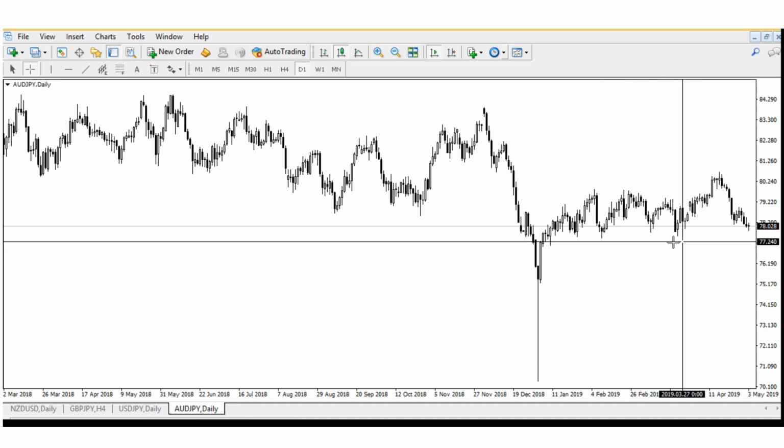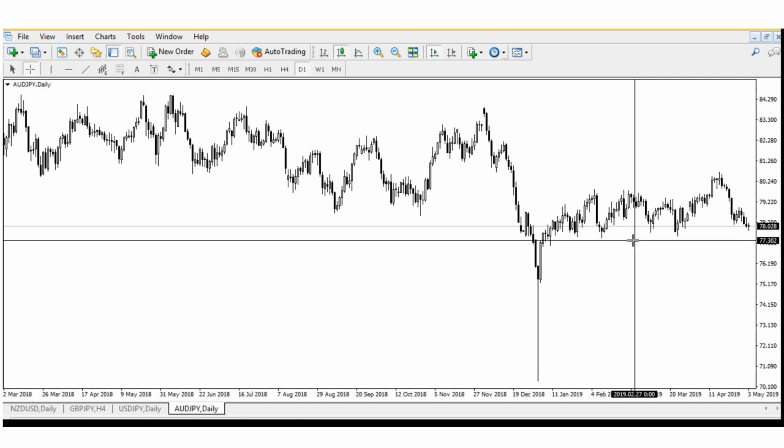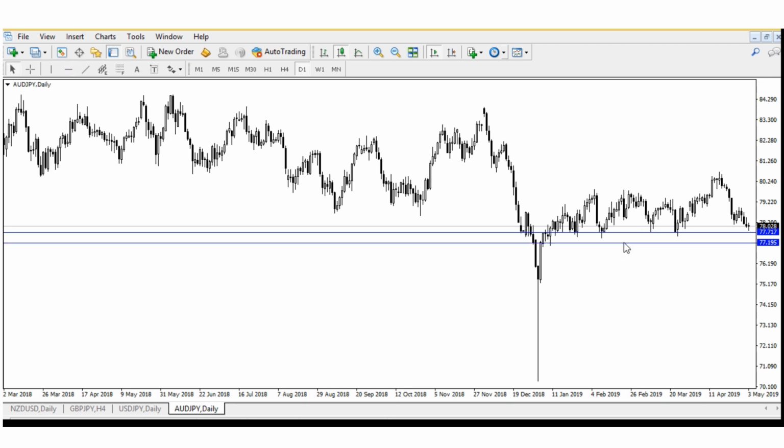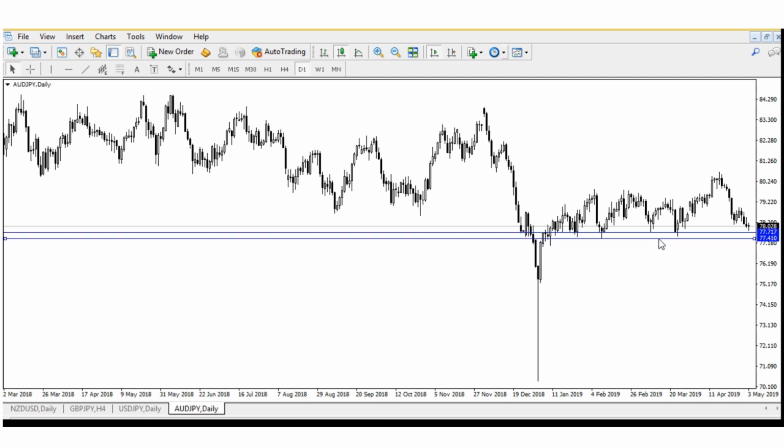So the support on the AUDJPY is not accurate yet, since I will not be dealing with a line on the AUDJPY support, but I'll be dealing with a zone. This is because the levels are very near. On Friday, price acted like it was approaching the zone, and there was a rejection. The AUDJPY is neutral for the meantime.